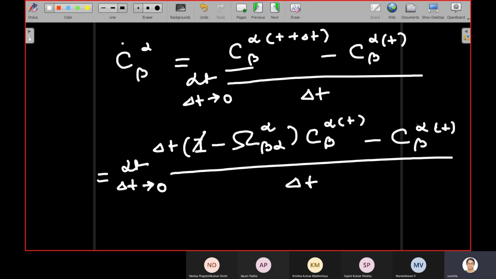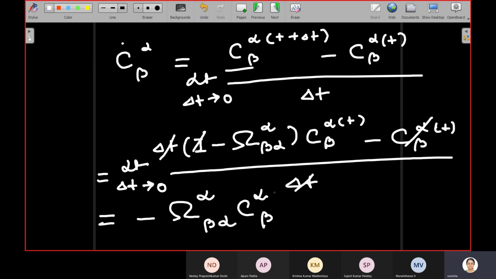So this term cancels out, and then delta t will also be cancelled out. Okay, so this is the formula for the time derivative of the coordinate transformation matrix.